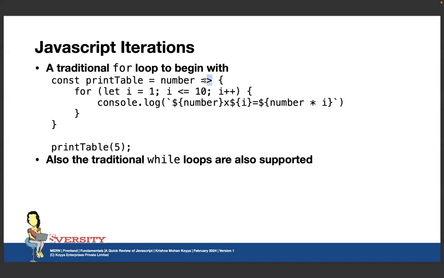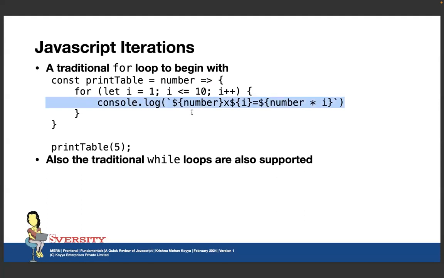This is an arrow function, and what is it doing? For let i equal to 1, i value is 1, and this value of i will keep changing in each of the iterations, right? That's why we are calling it let. Const for constant, let for variables. So we start from i equal to 1, and as long as it is less than or equal to 10, we keep on incrementing this value of i after executing this block.